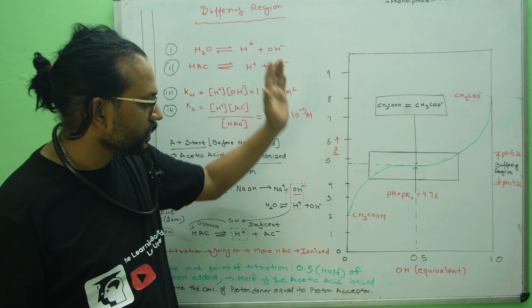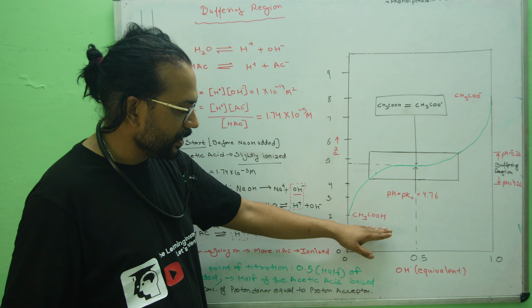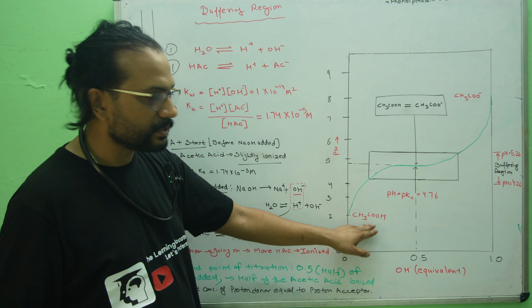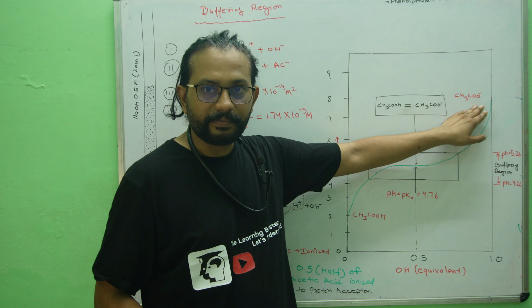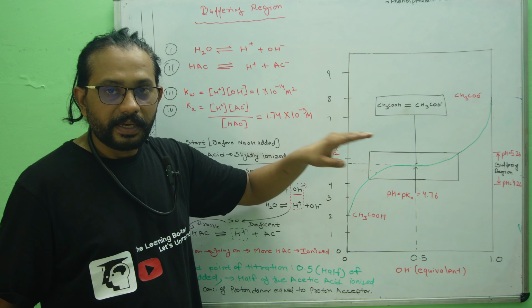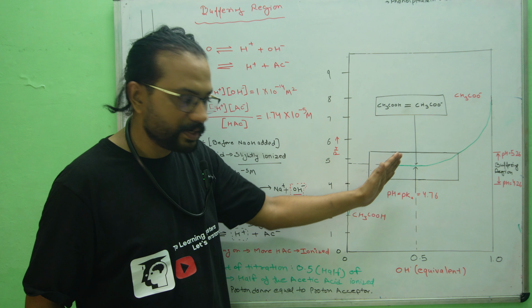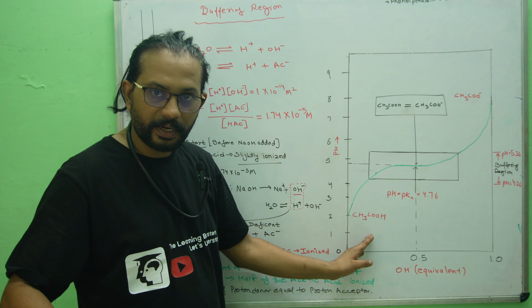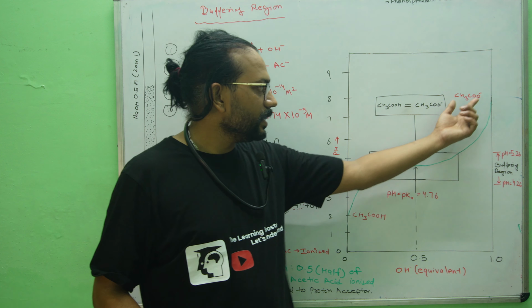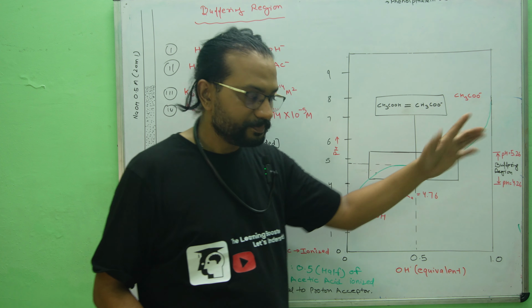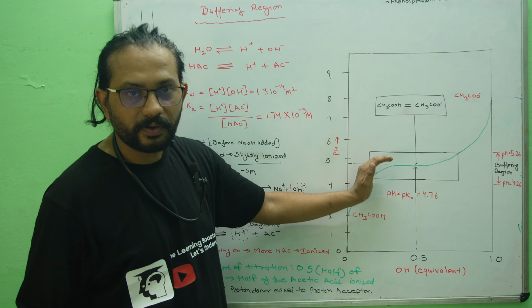Initially the acetic acid is present as CH3COOH, and at the end it is present as CH3COO negative, that is the acetate ion, and this happens as you add NaOH.